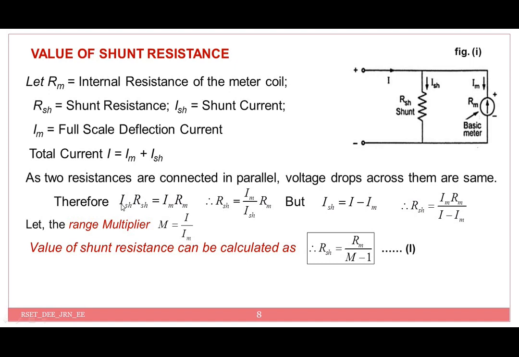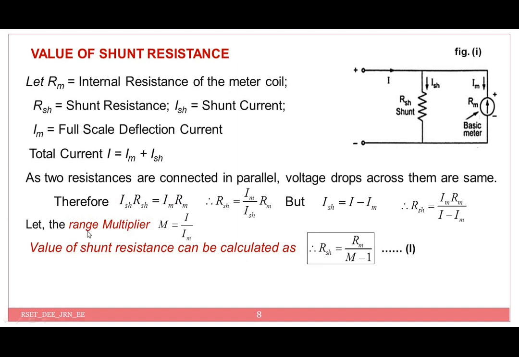Therefore, I can equate ISH into RSH is equal to IM into RM. Therefore, RSH is equal to IM RM divided by ISH. But you know ISH is I minus IM. So, substituting here, I get RSH is equal to IM RM divided by (I minus IM). I can further simplify this.